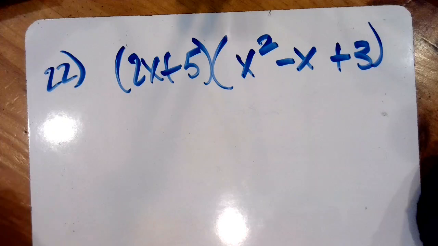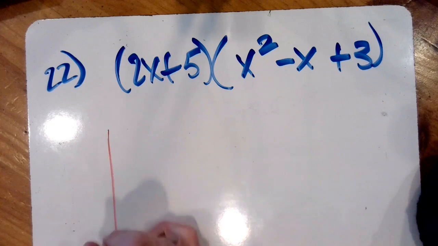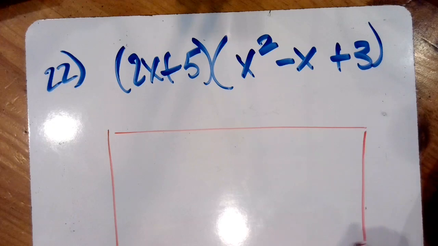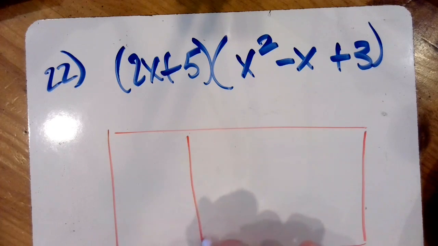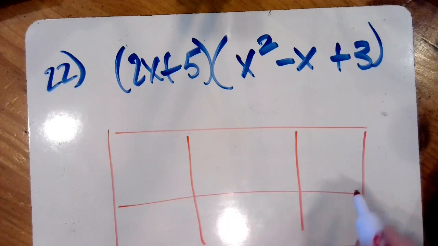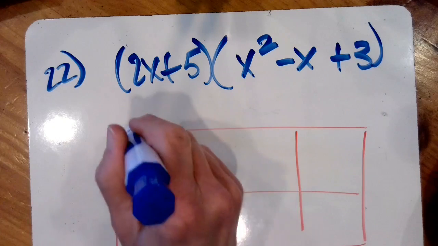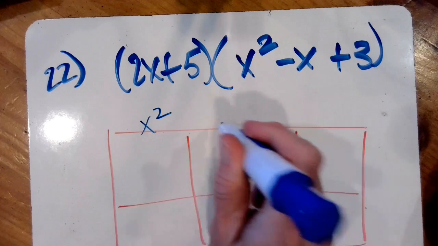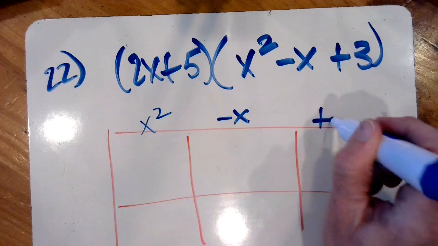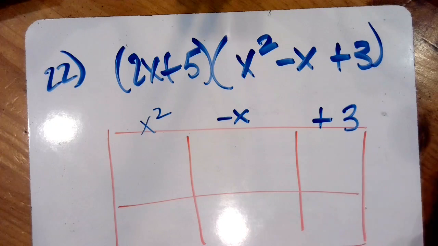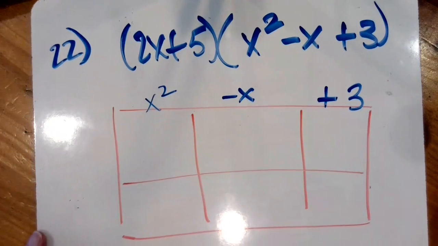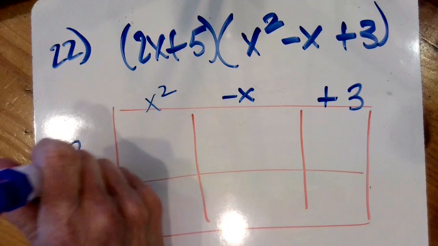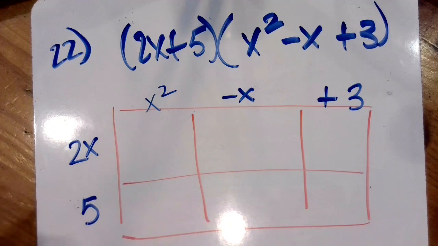And hey, we haven't done one of these yet, but would you like to try a box method? So if we want to do the box method, we're going to draw our box like this, because we're going to put x squared, minus x, and plus 3 in each column. And then on the side, I'll put 2x and 5.